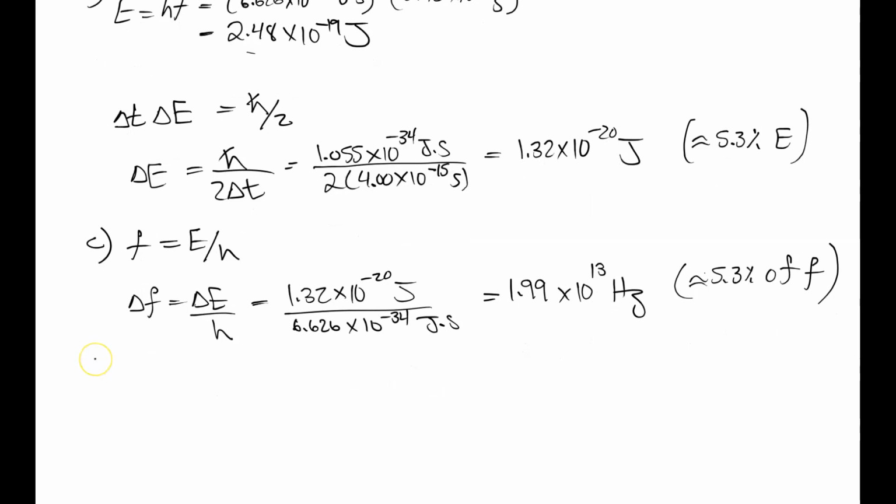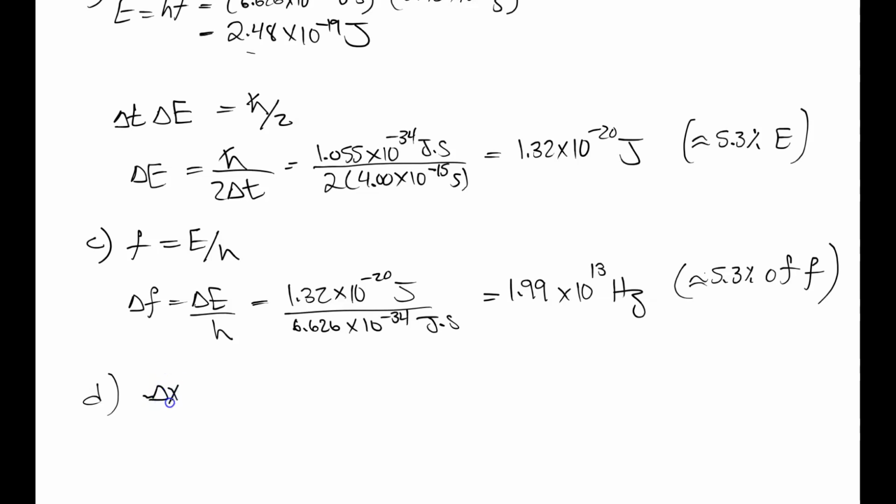In part D, the spatial length, delta x, of the pulse is the same as the distance that the front of the pulse travels during the pulse duration.